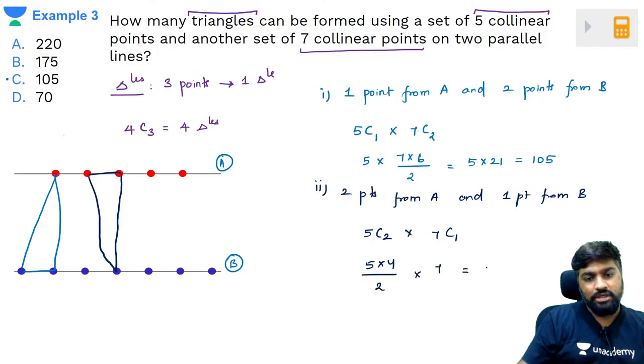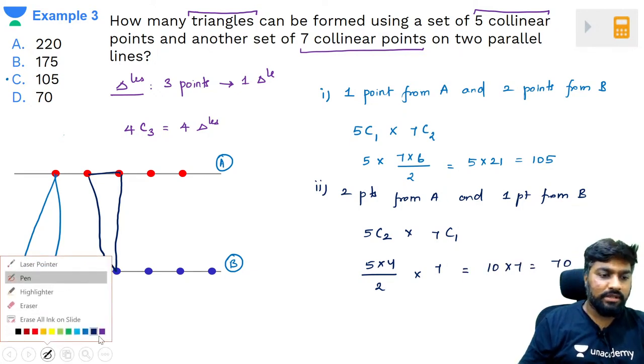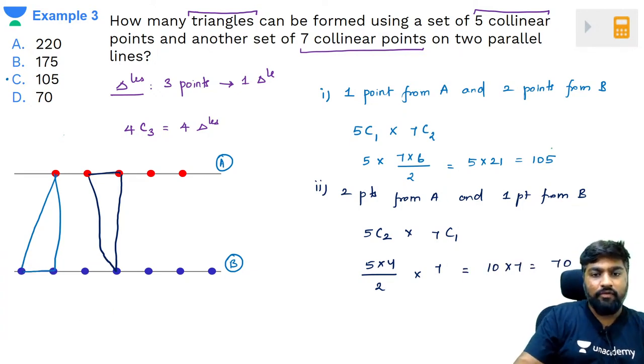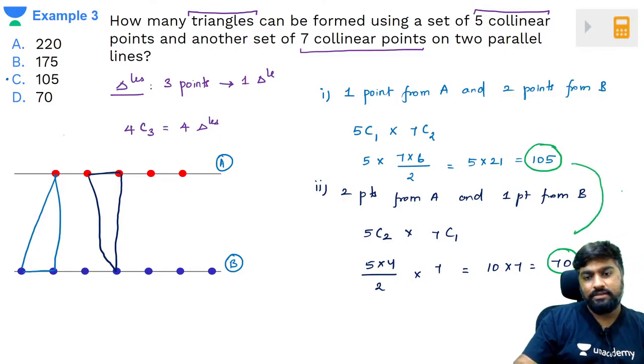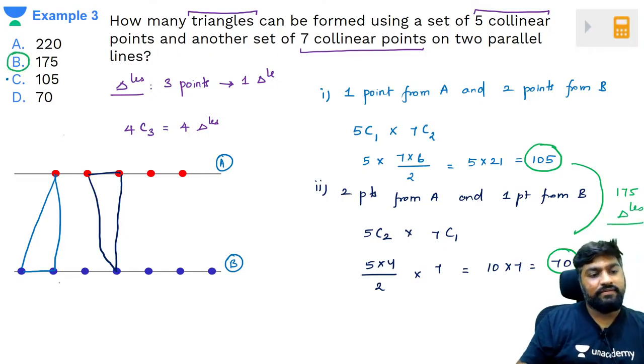This is 10 times 7, that's 70. So the total possible triangles that we can form are 105 from case 1 or from case 2, 70. So a total of 175 triangles. Agreed? Clear? So that's the case here, 175.